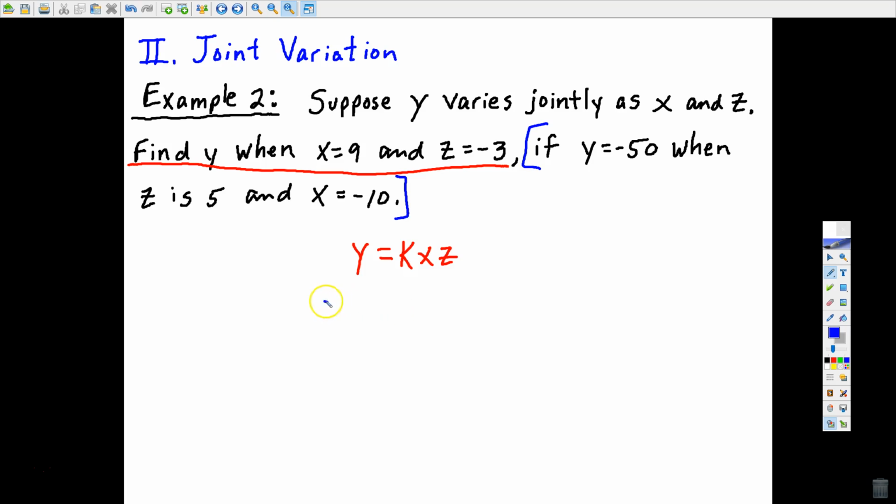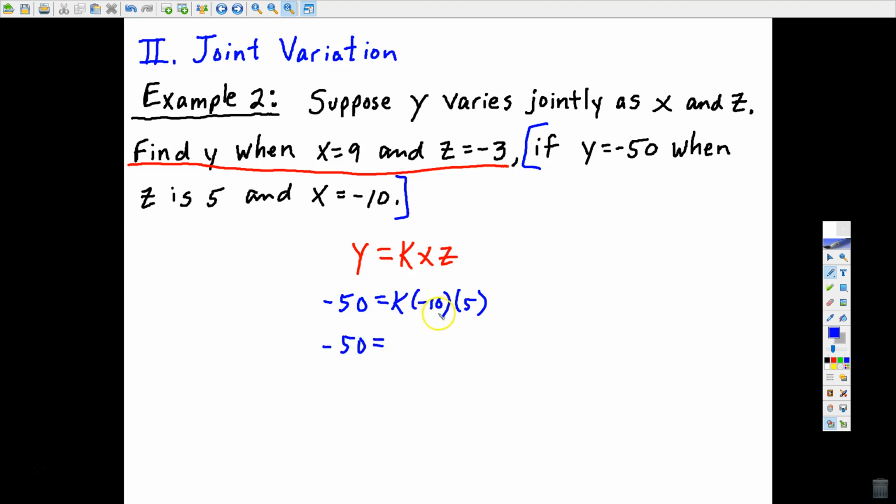Y is -50 when z is 5 and x is -10. Okay, so I just took this part that I put brackets around, and notice I've plugged in everything except for k. And that should be a really good clue that that's going to help us find out what k is.